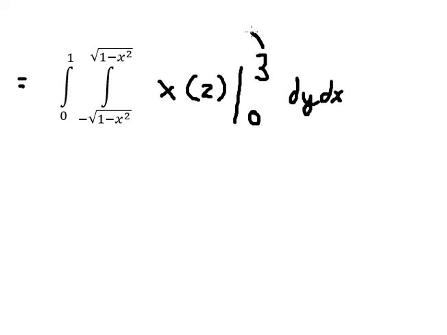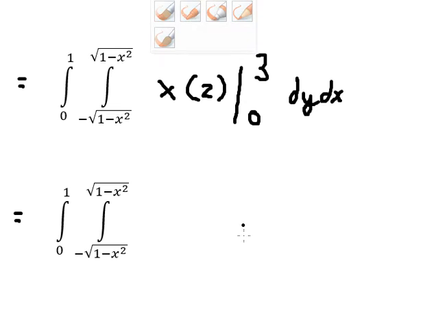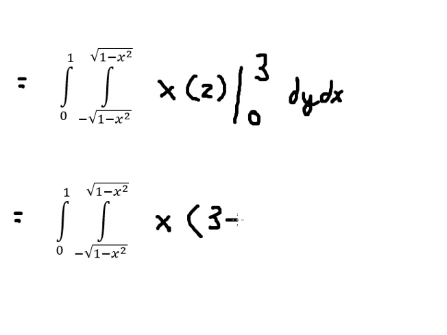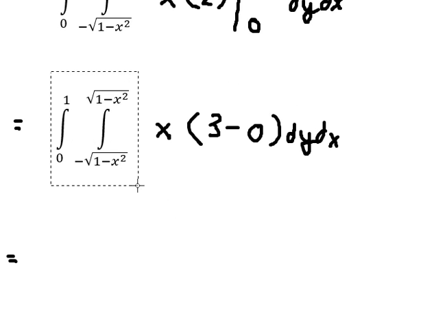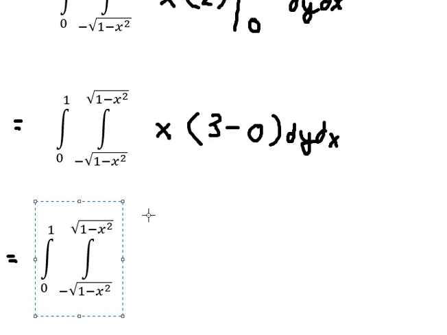Now I will put number 3 going here, number 0 going here. So we have s multiplied by number 3 minus 0 in here. So we simplify and we have 3s.